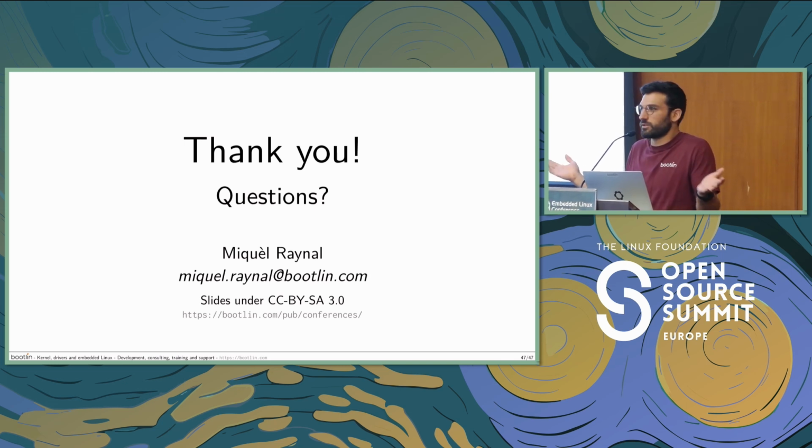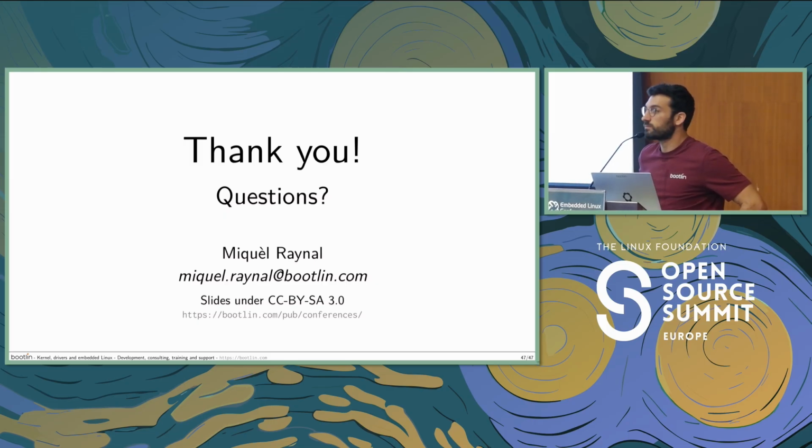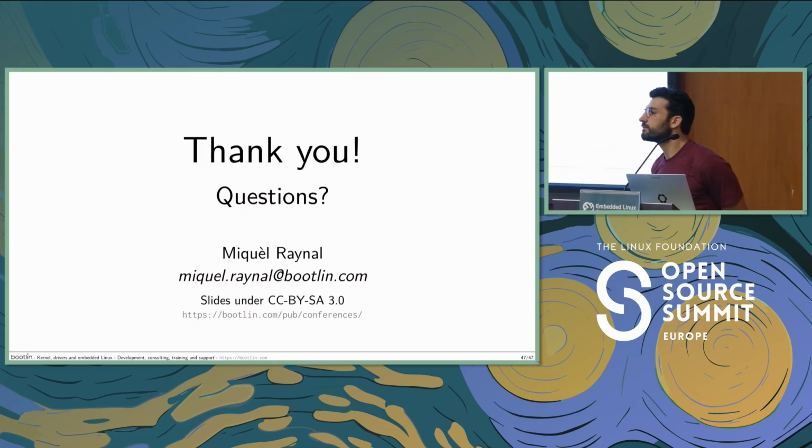And if there are any questions, you know. Yeah, please. Can you comment a little bit on the OTP support in SPI NORs? Because there is something, but it's a little bit hidden.